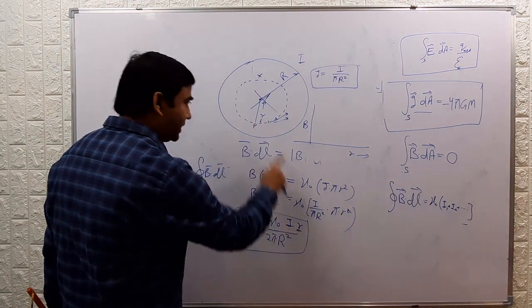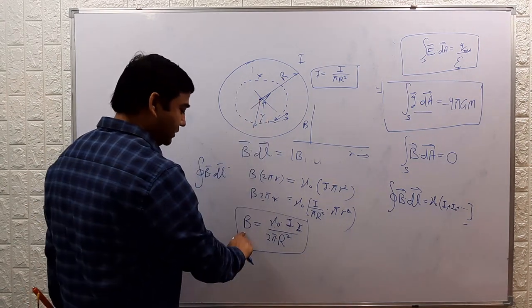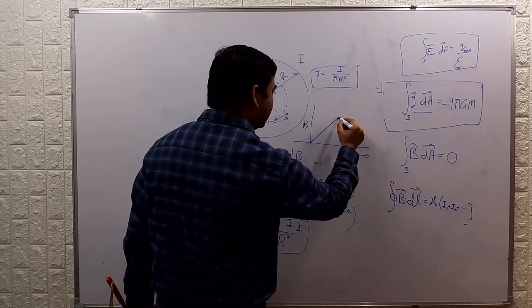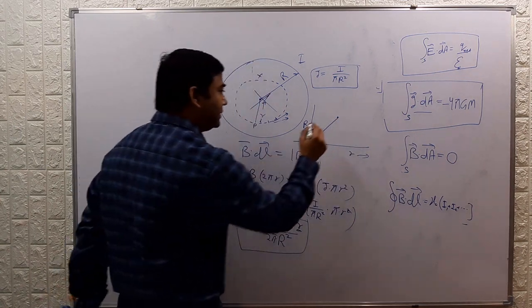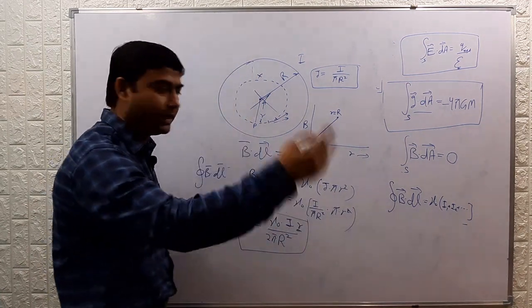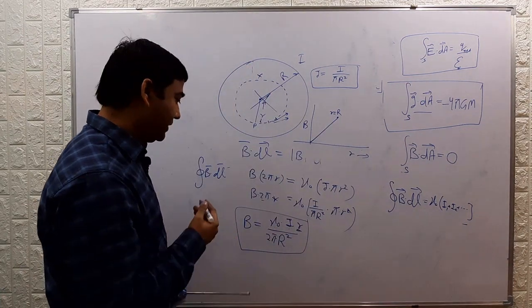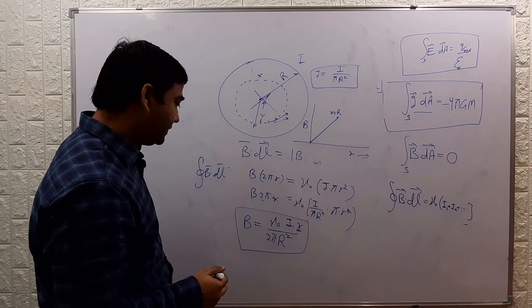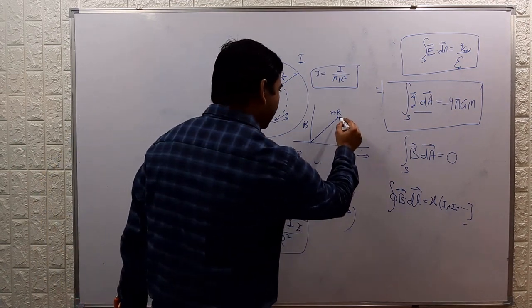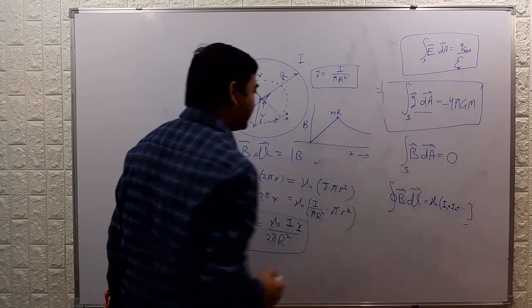So with small r, the distance from center, the magnetic field is increasing. It will increase up to this point where small r is equal to capital R, the surface of the wire. And after that you can see it will decrease.